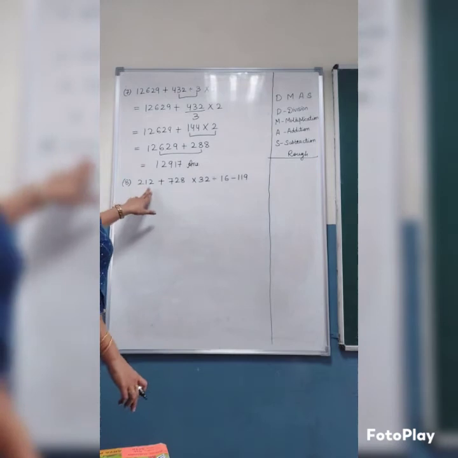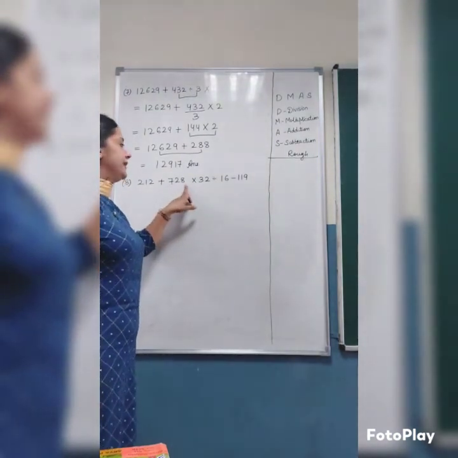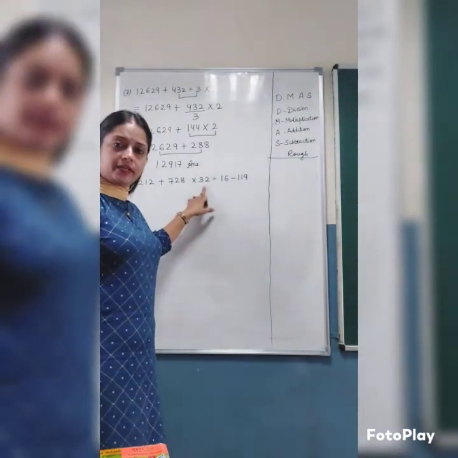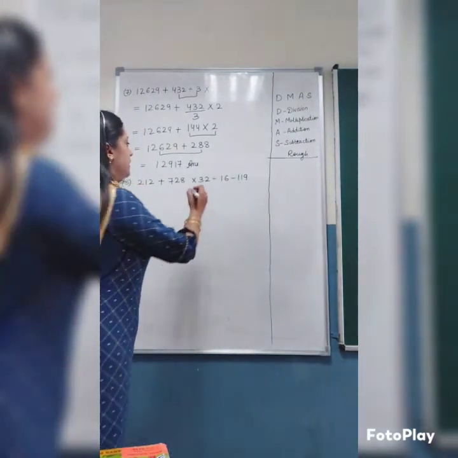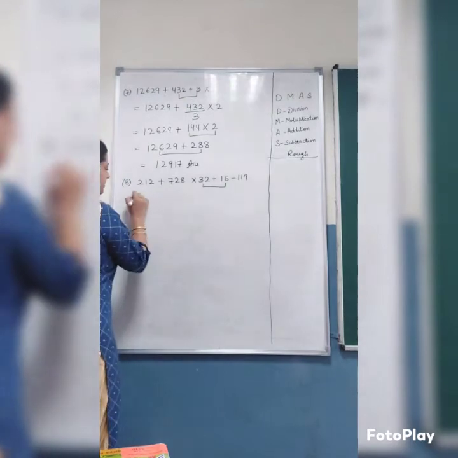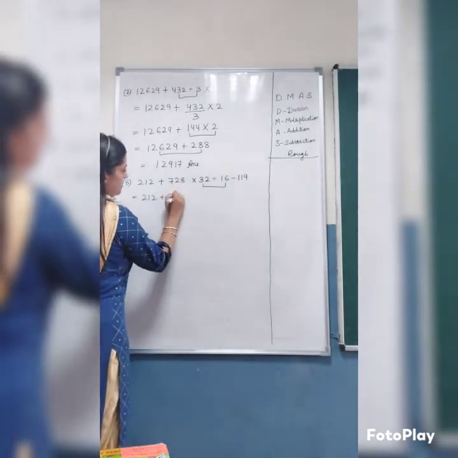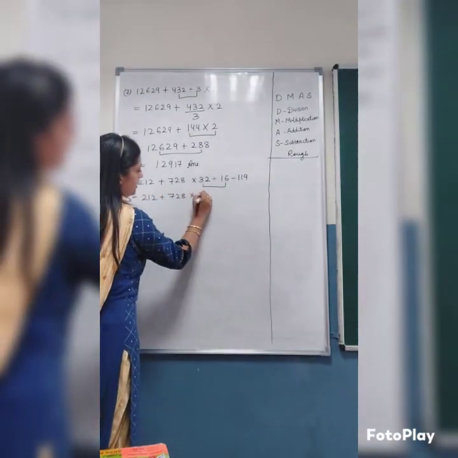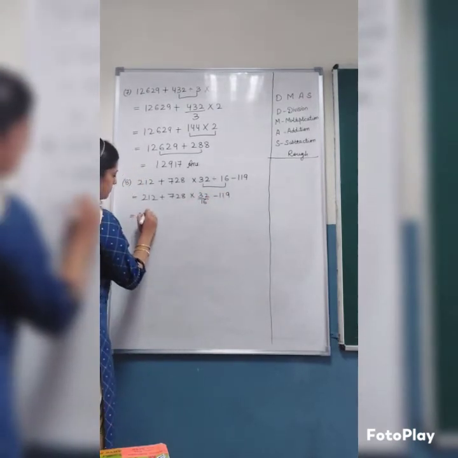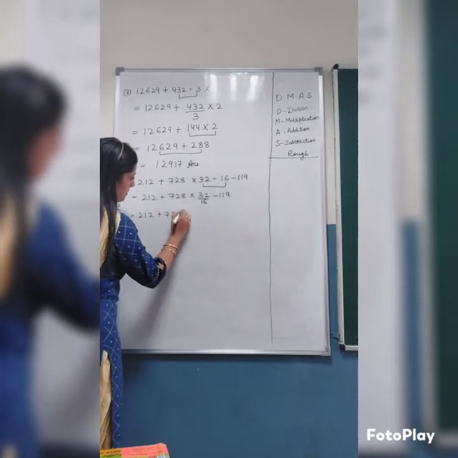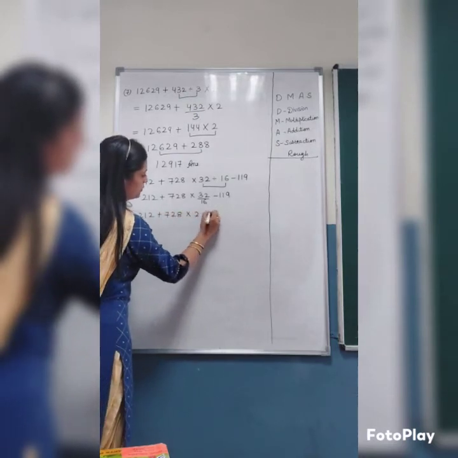The eighth question is 212 plus 728 multiplied by 32 divided by 16 minus 119. First of all we have to divide: 32 divided by 16 is 2.